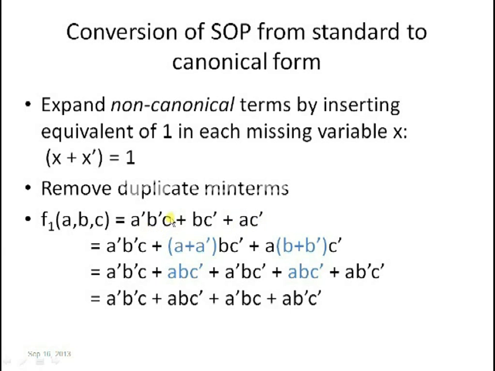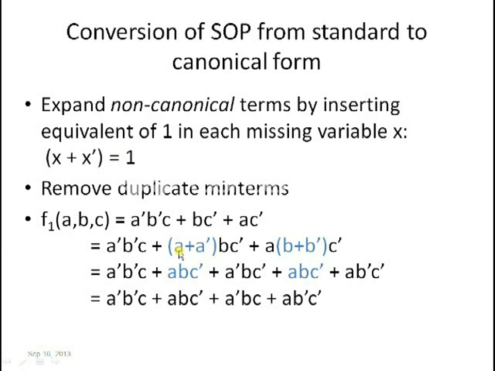The first term includes all the input variables. The second term contains only two variables, b and c, whereas the variable a is missing. So we have to insert the equivalent of 1 for the missing variable, that is x plus x complement, which is nothing but 1.